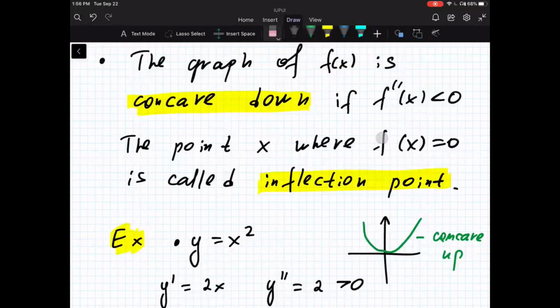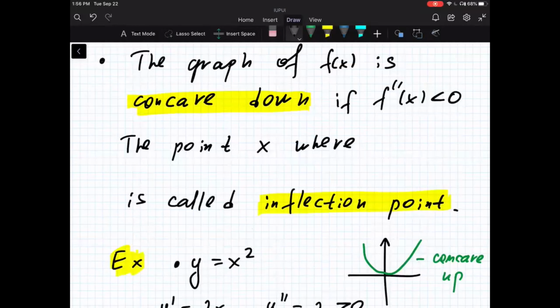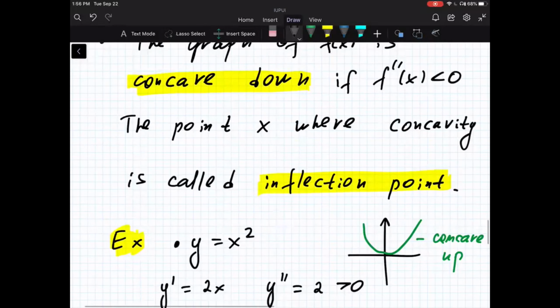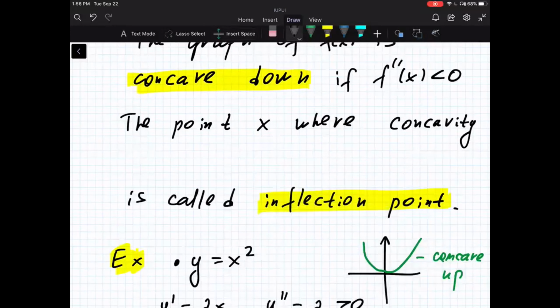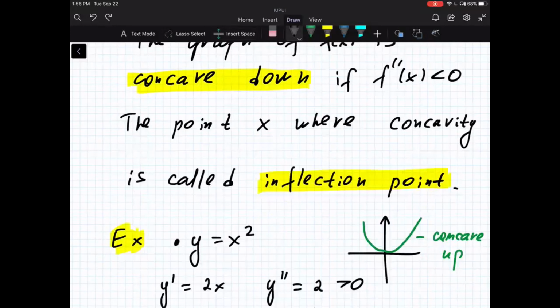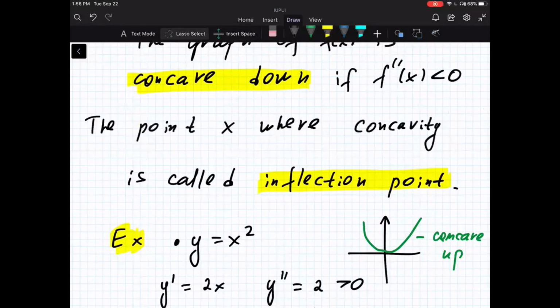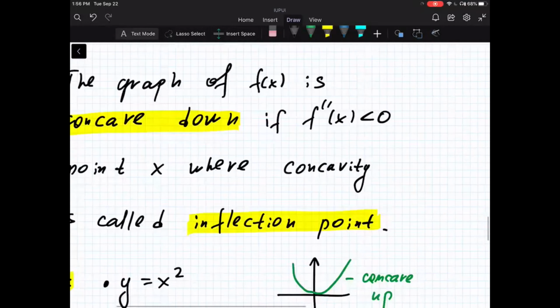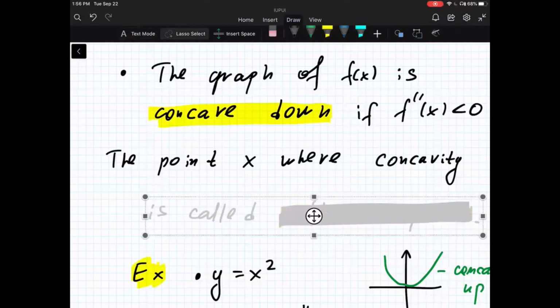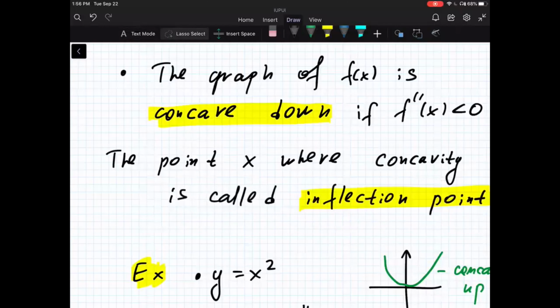I apologize, the point is not where the second derivative is 0, but where concavity changes. That's why I'm confusing things in some sense.